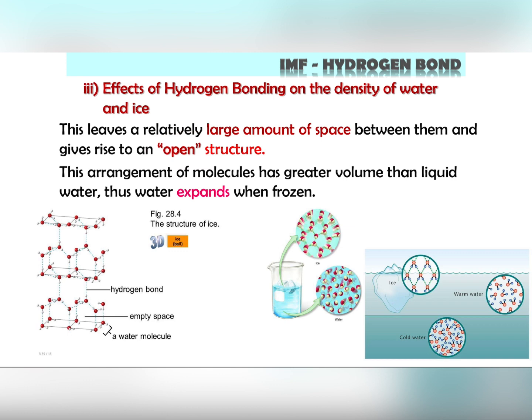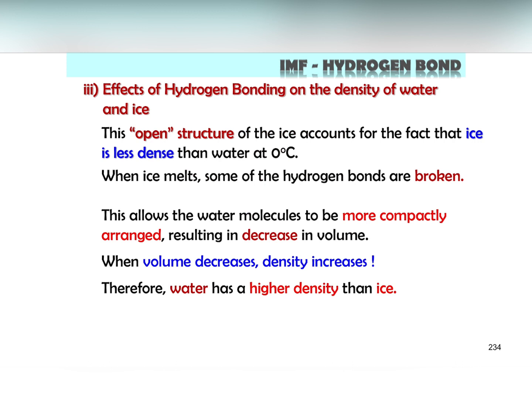So this arrangement of molecule has greater volume than liquid. So maksudnya solid water dalam keadaan solid has more volume compared to liquid water. Okay, so that is why water will expand when it is frozen. H2O dalam keadaan solid, which is ice, in form of ice, they will have the open structure.